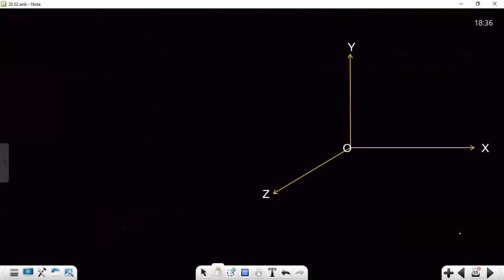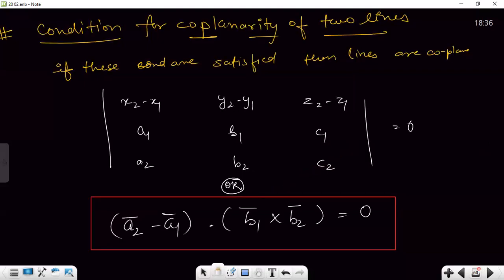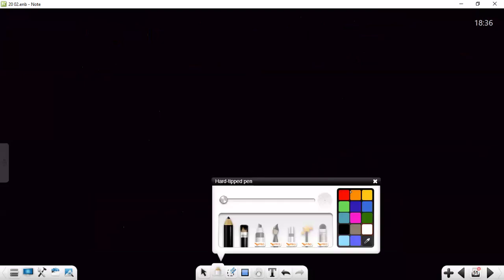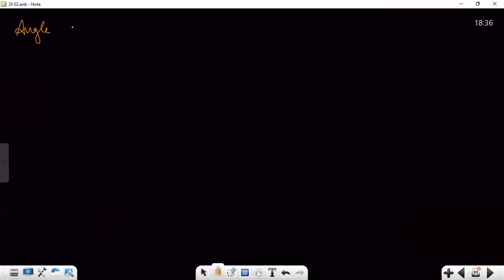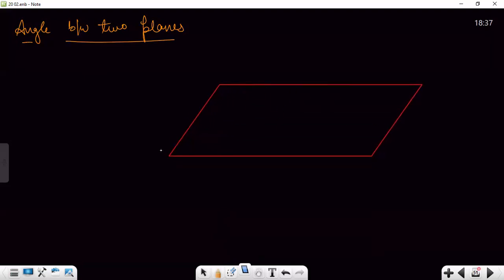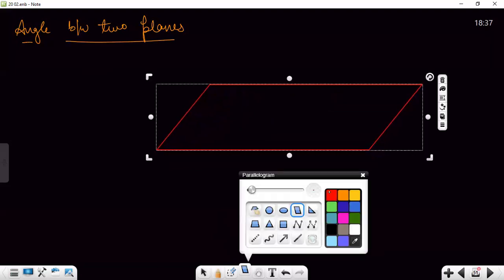Let's now discuss the angle between two planes. There are two planes. Let me draw them. This is plane number one.